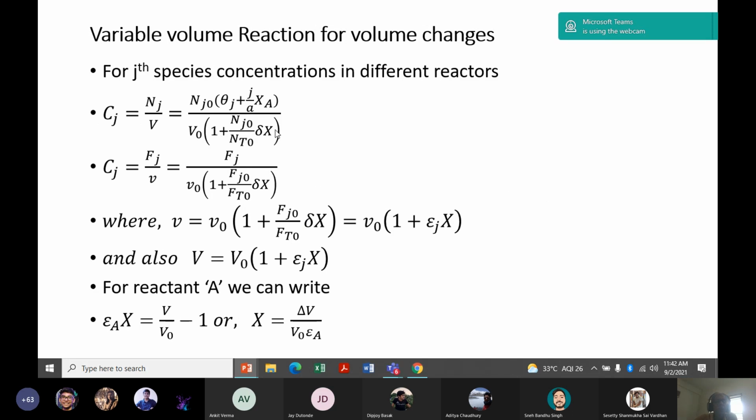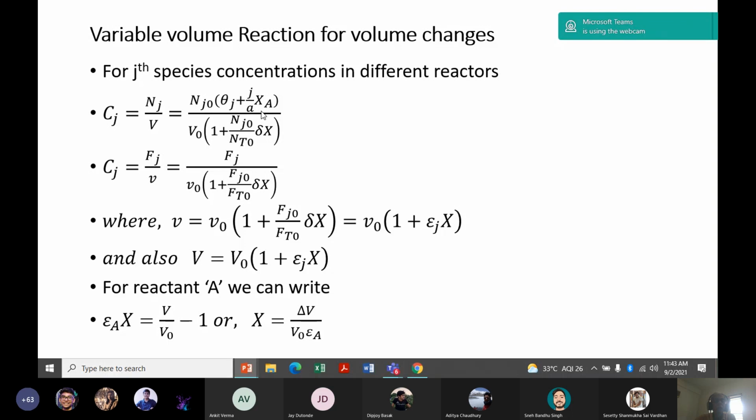So it is substituted here. And for any species concentration for variable volume reaction, we can use this general term, and J will be different species A, B, C, D, etc. Just substitute and find out the different species concentration.